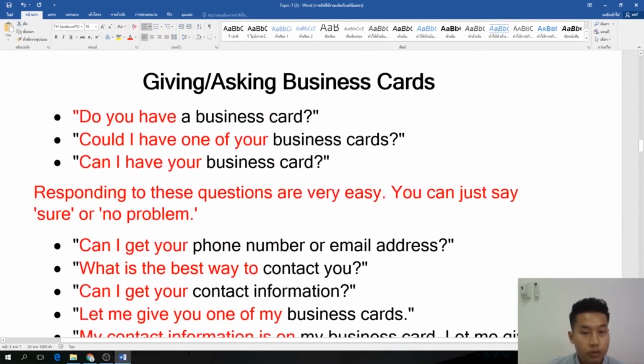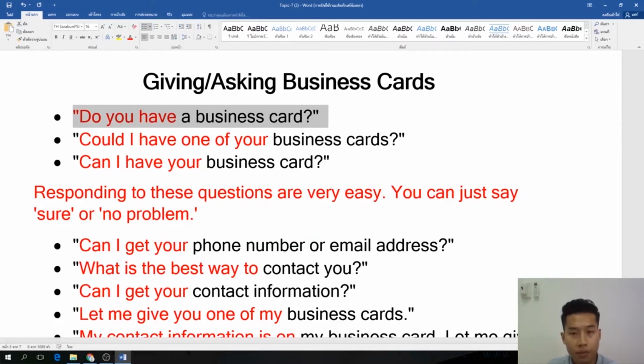Okay, so right now I'm going to explain the meaning of each one. Number one, do you have a business card? Everyone knows a business card, right? The business card has personal information: name, nickname, position at work, where the person lives, and also the phone number and email address.